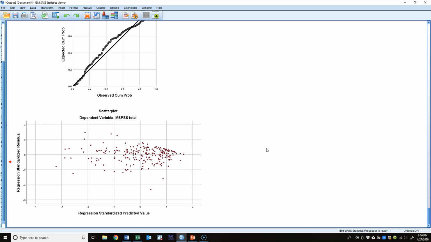So the distribution of my residuals across my predicted values is not homogeneous, and it doesn't really happen until we get down here towards the end. As my predicted value increases, I'm starting to see a shrinkage in the variability of my error terms.